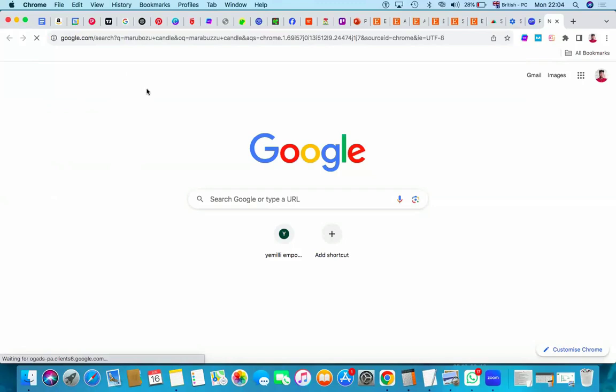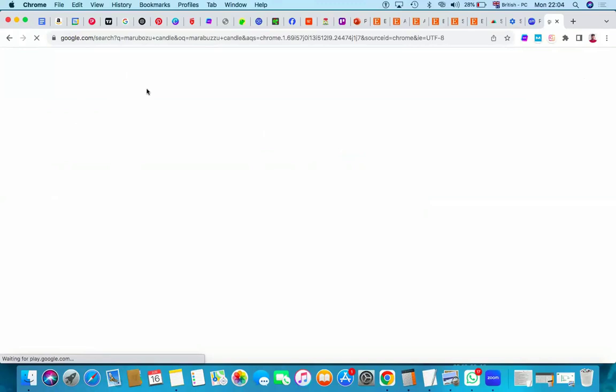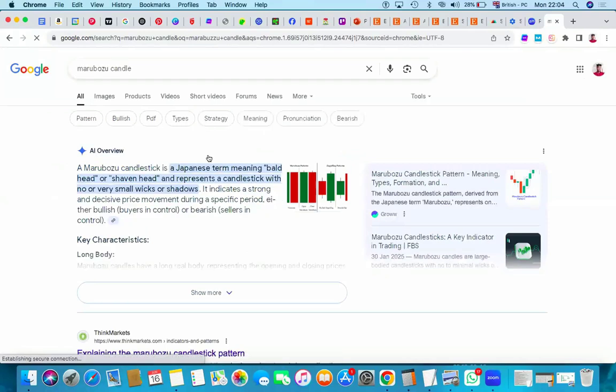So we're just typing on the internet to see what it is going to give us. To give you an example, you see, this is a Marubozu candle. It is a candle that forms either without a wick at all, just a full body.